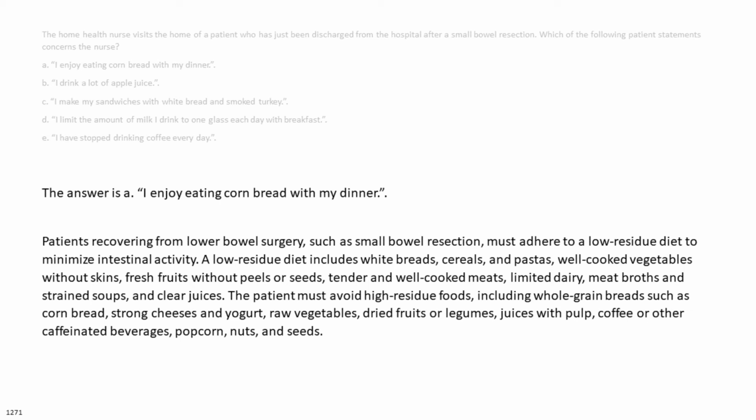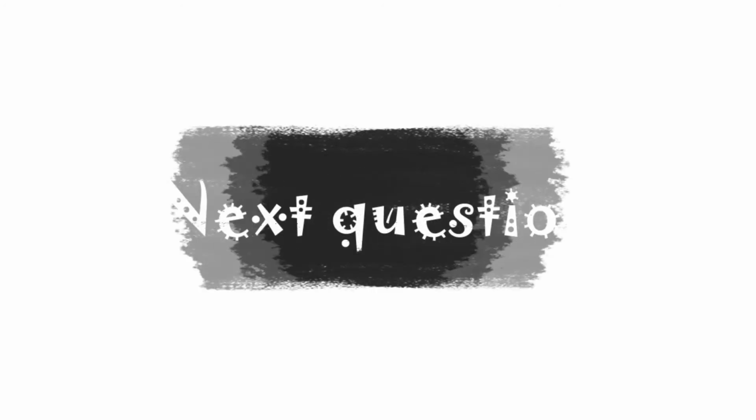The patient must avoid high residue foods, including whole grain breads such as cornbread, strong cheeses and yogurt, raw vegetables, dried fruits or legumes, juices with pulp, coffee or other caffeinated beverages, popcorn, nuts, and seeds.